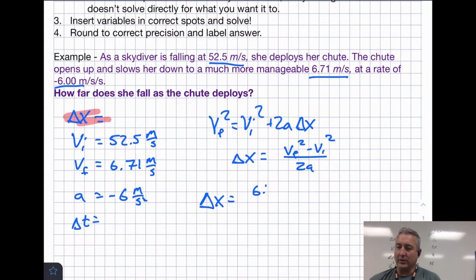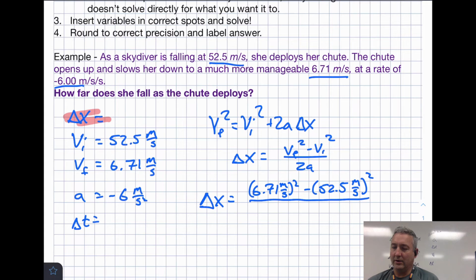So final velocity is 6.71 meters per second. I square that. Minus 52.5 meters per second. Square that. A very common mistake is people forget to square things. Over -6.00 meters per second squared.